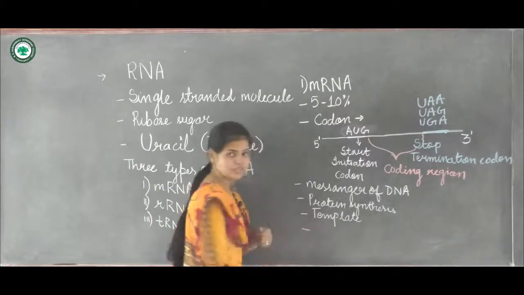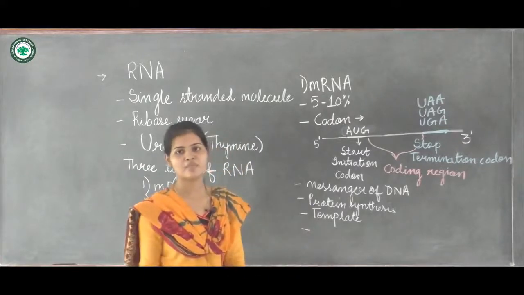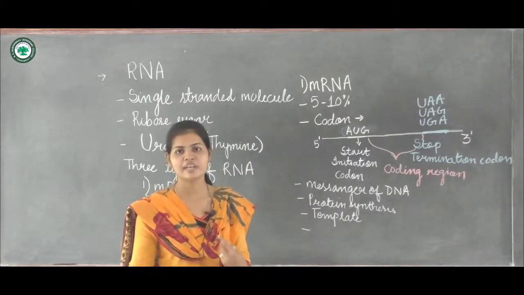Now this mRNA can acquire secondary structures. The secondary structure acquired by mRNA will be the stem loop or the hairpin loop.